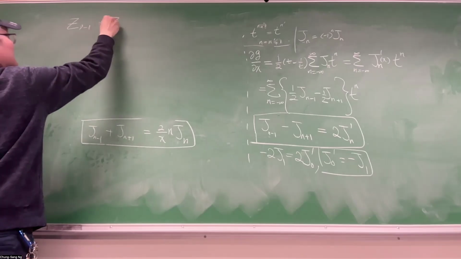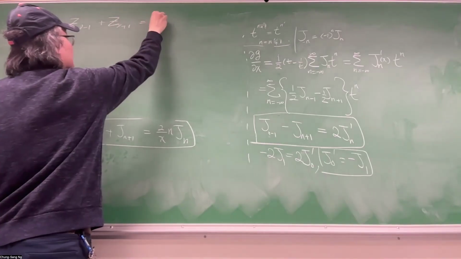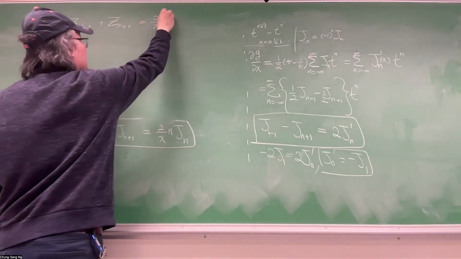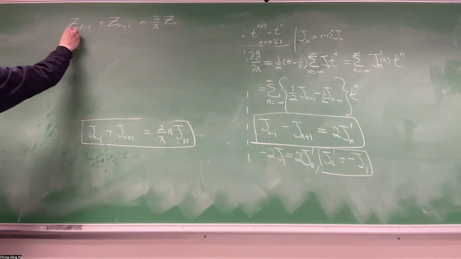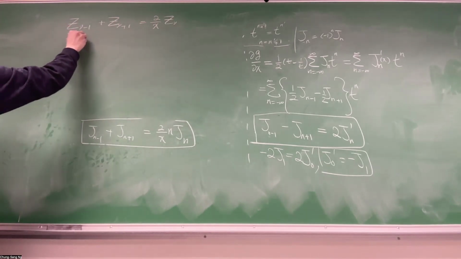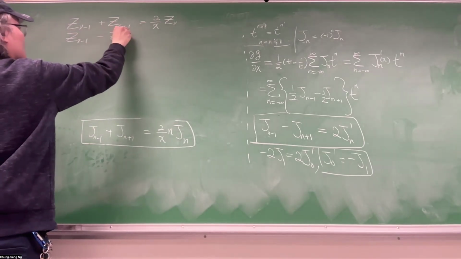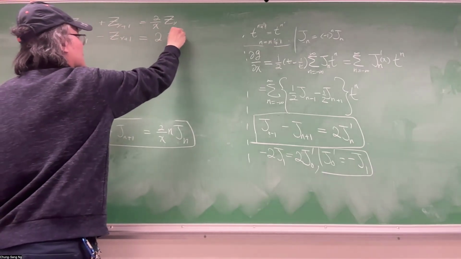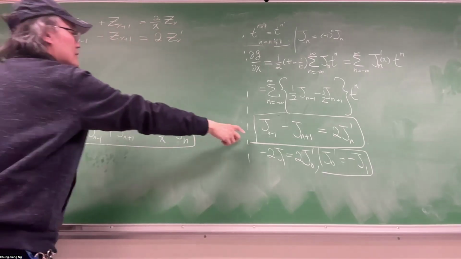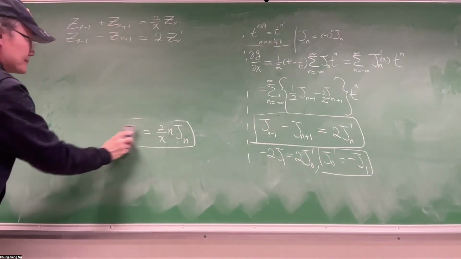Okay, so that's the first one. And then Z_{nu-1} - Z_{nu+1} = 2 Z_nu'. That's this one.